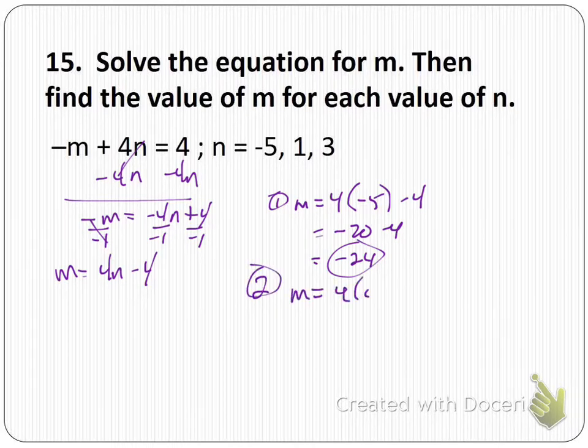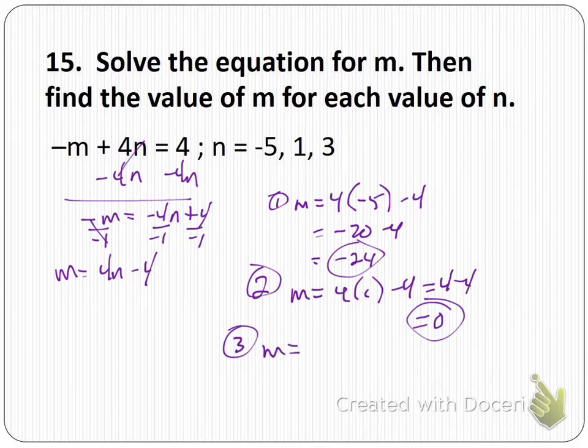Then we take 4 times 1 minus 4, which is 4 minus 4, which is 0. And then we take 4 times 3 minus 4, which is 12 minus 4, which is 8. So the 3 values of m are negative 24, 0, and 8. Okay, and it's just that simple.